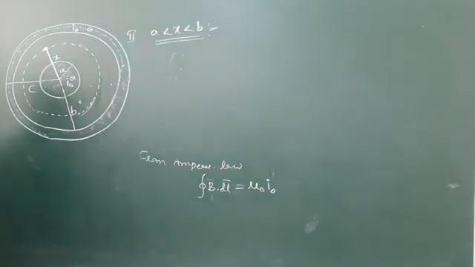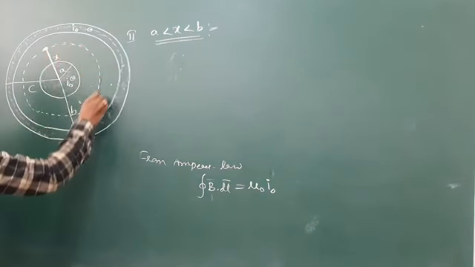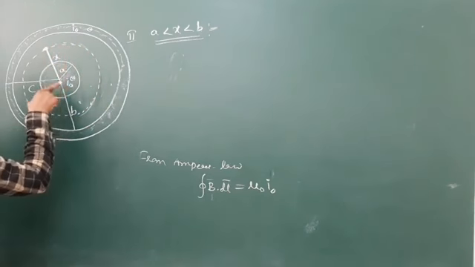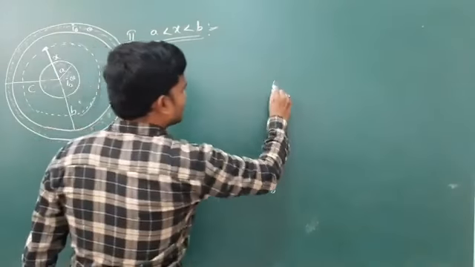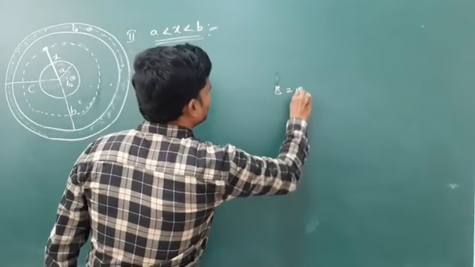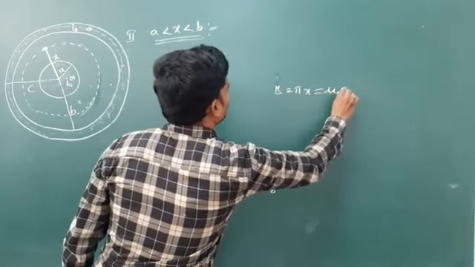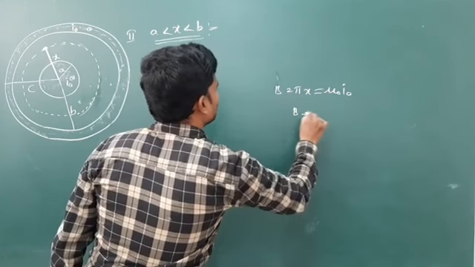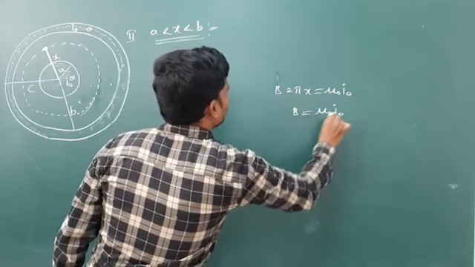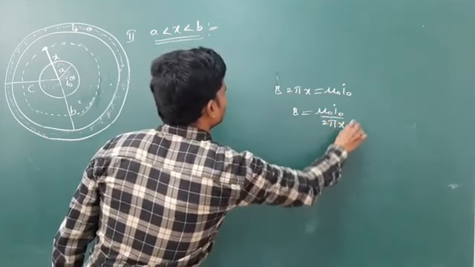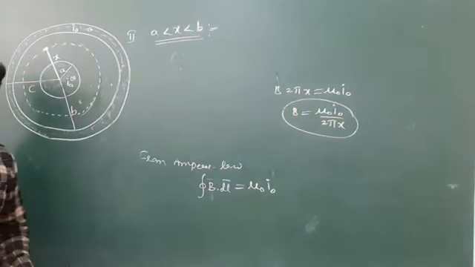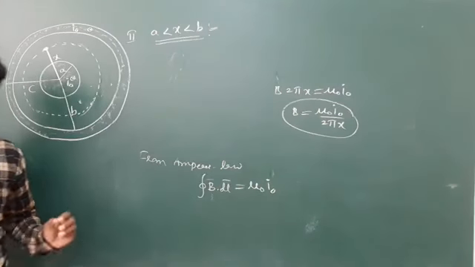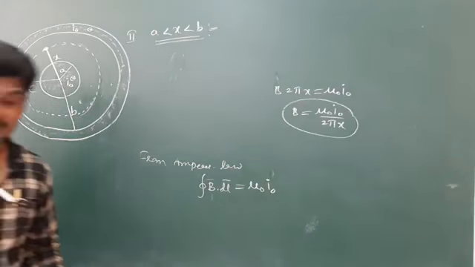This Amperian loop encloses only I naught current. So mu naught I naught. Integration of B dot dl is B into 2 pi x. So you will get the regular answer: mu naught I naught by 2 pi x is the required answer if a less than x less than b. So this is easy.